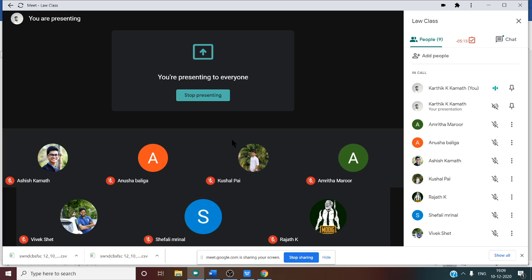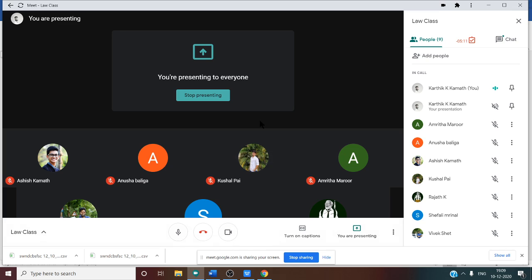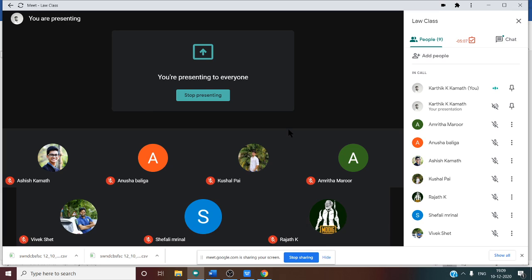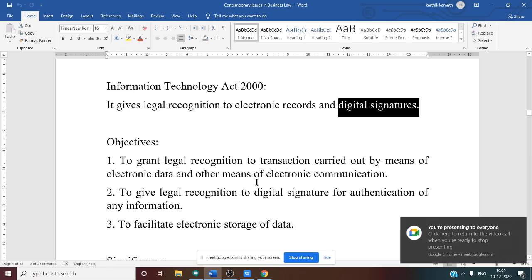You are using the signature electronically, which is a safer option compared to the manual signature, because a digital signature is not easy to forge. It contains encryption, or some codes are assigned to it. That is why it is very difficult to forge.